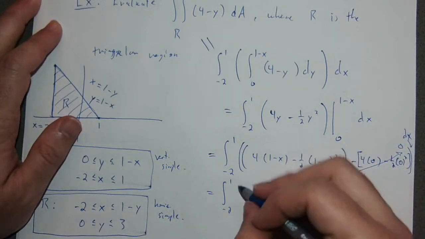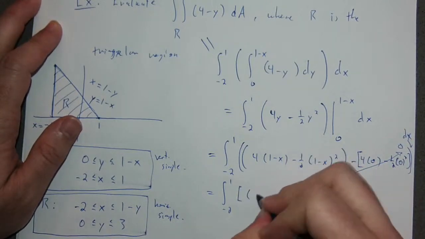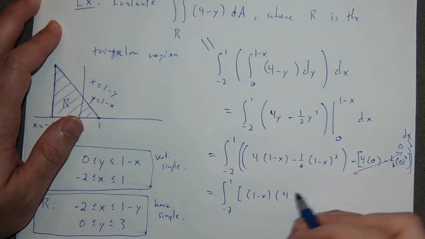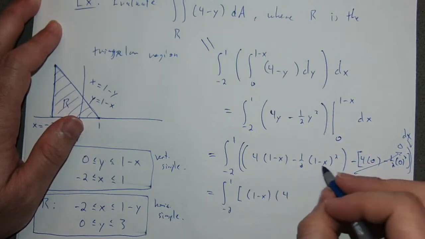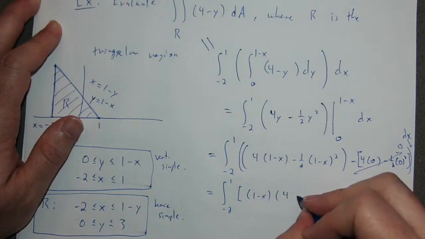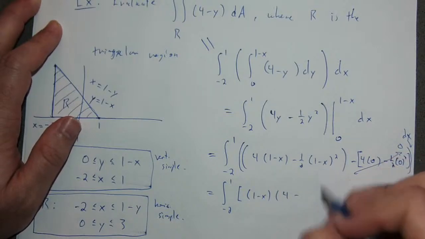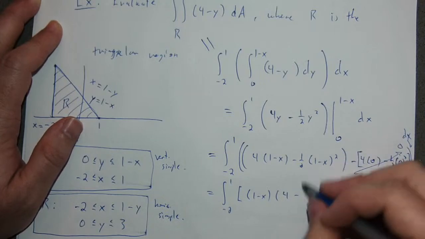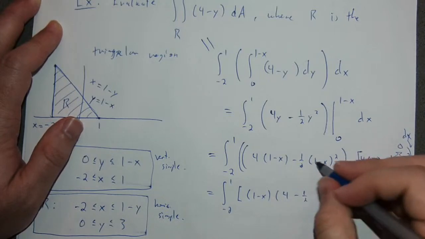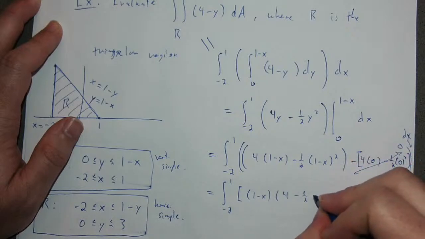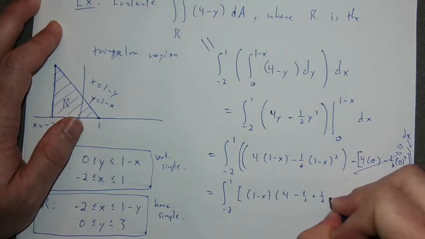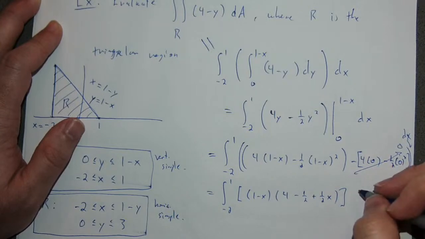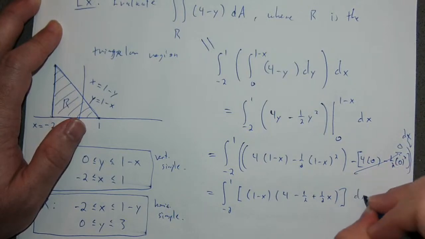So this is the integral from minus 2 to 1 of 1 minus x times 4 minus 1 half times 1 minus x, so minus 1 half plus 1 half x, dx.